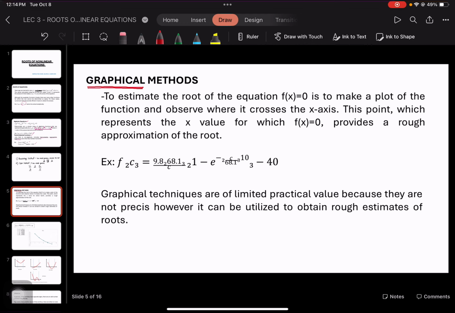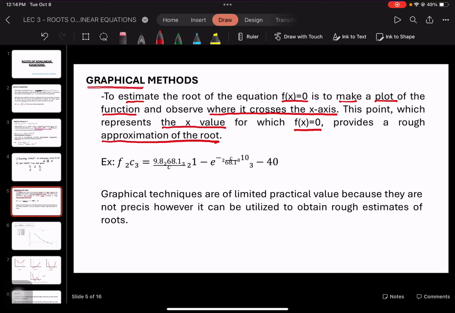Okay, so according to this, to estimate the root of the function or equation f of x equals to 0, make a plot of the function and observe where it crosses the x-axis. This point, which represents the x value for which f of x equals to 0, provides a rough approximation of the root.